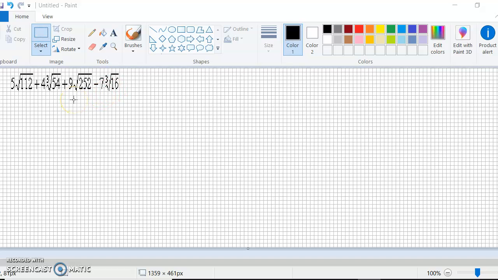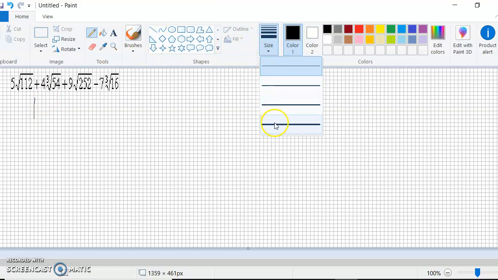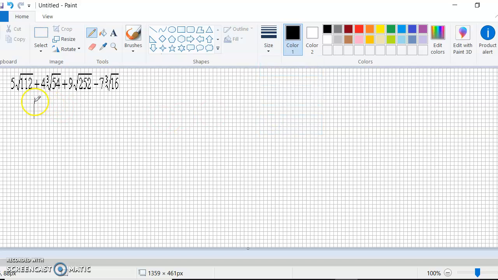What I'm going to do is I'm going to go ahead and break down each of these factors. So I have 112 here. Let me make my pencil size a little bit larger. Okay, 54.